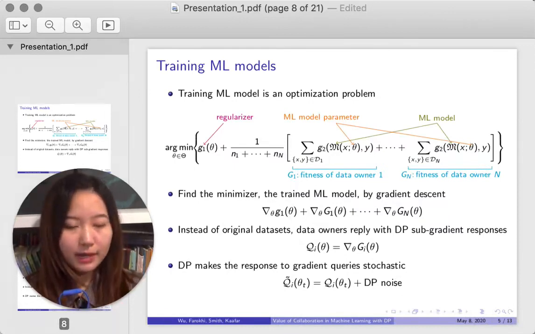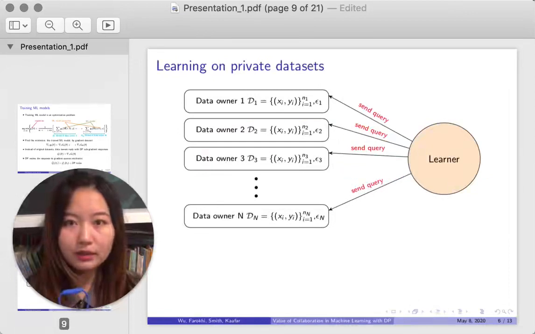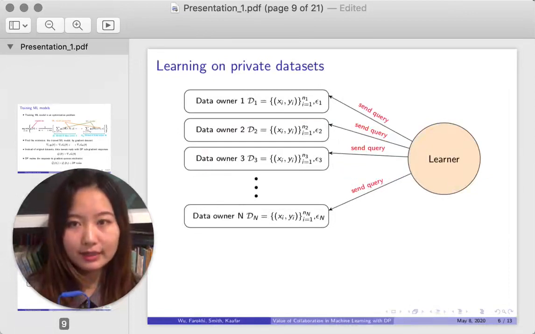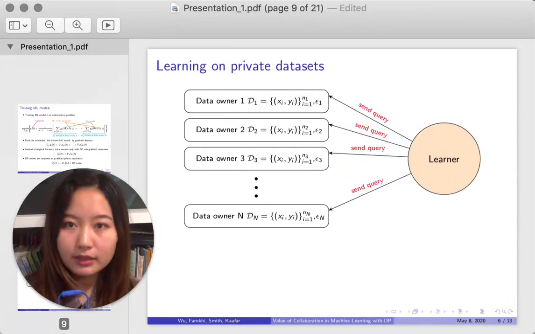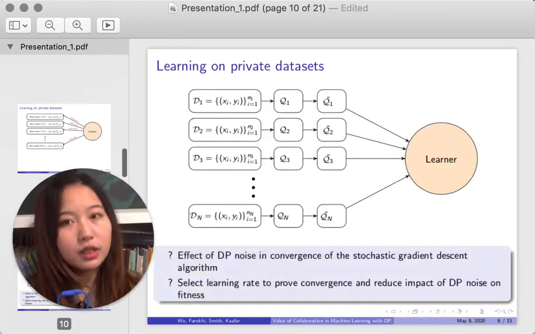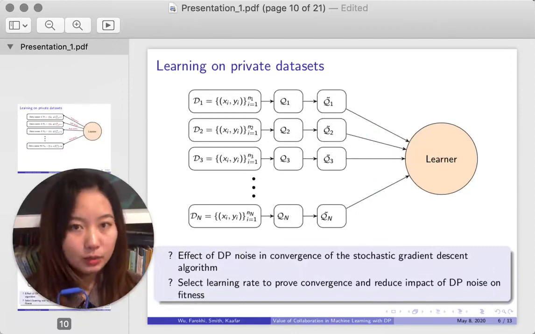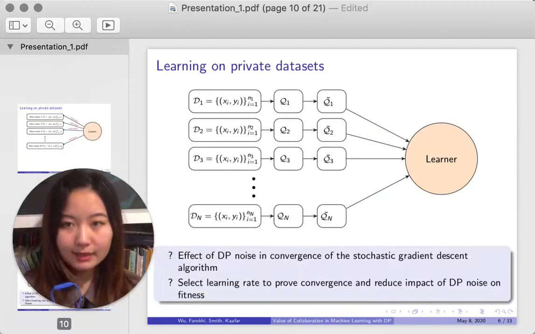So here is our proposed learning structure for private datasets. The learner first sends gradient queries to data owners. The data owners first calculate the subgradient responses and then add DP noise before transmitting back to the learner.